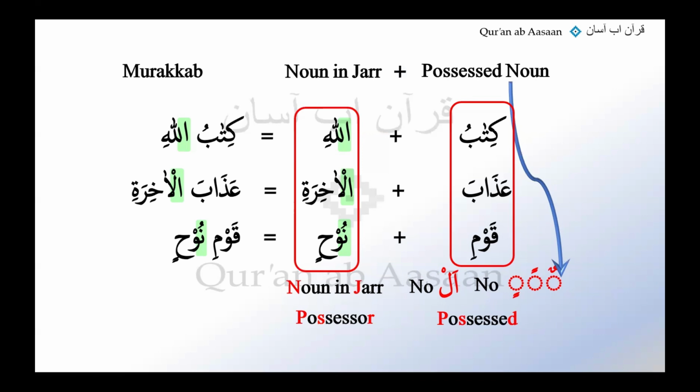This type of murakkab is different than what we learned in the previous lessons, okay? So here, this murakkab consists of two nouns. The first noun with no al, no tanween, which is a possessed noun, followed by a noun which has the case sign jar. All these are in jar, and we call this murakkab murakkabe idafi.